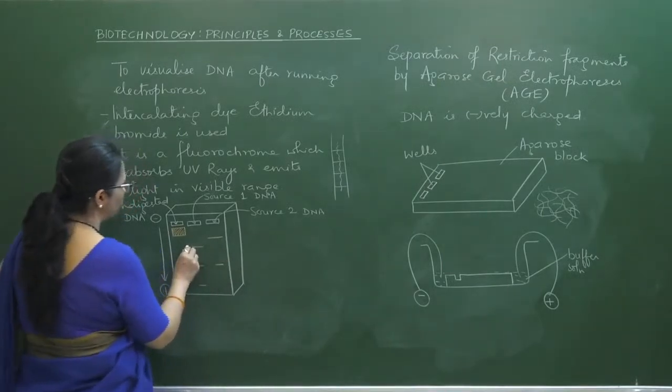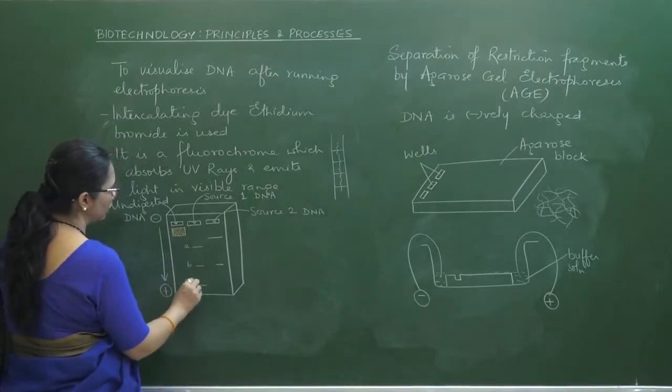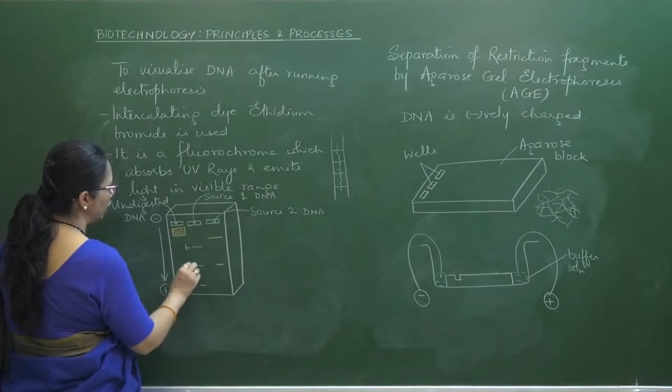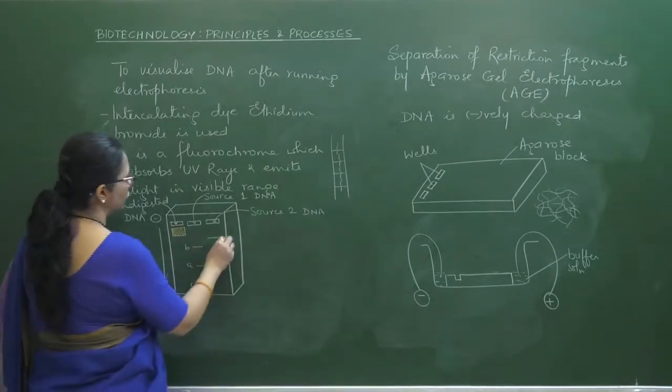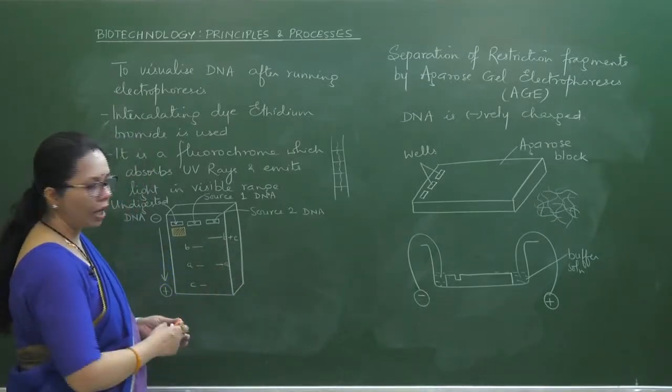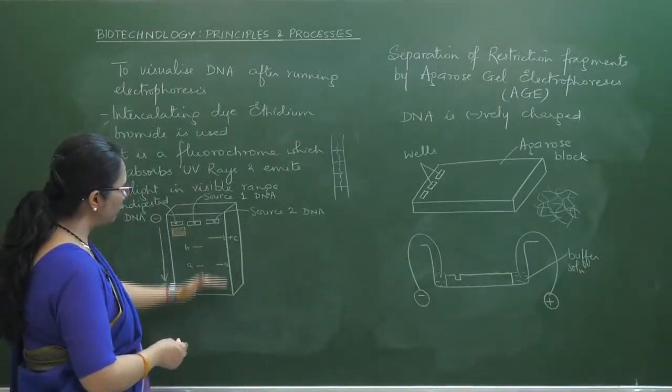Okay, so with the previous diagram, let us say B was bigger, so B, A, C, and this one is B plus C, this is A, so on, like that. So you see, we'll be getting this band.